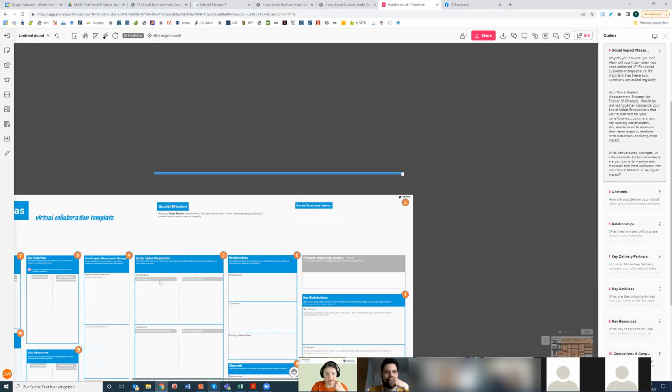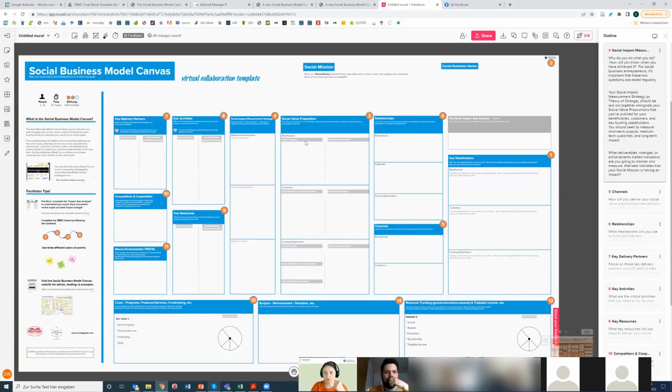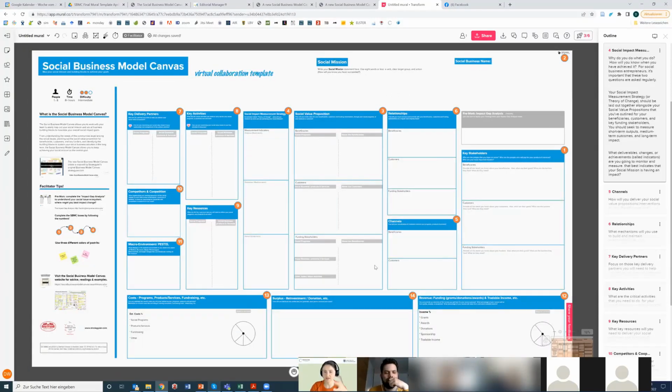So we are happy to discuss any questions. I don't know, have you already gone through the different elements, and are they so far clear? I think for today, the focus would really be to perhaps start with one or two elements, such as the social value proposition. So what is it that you want to do?